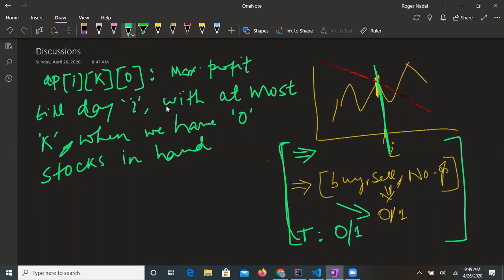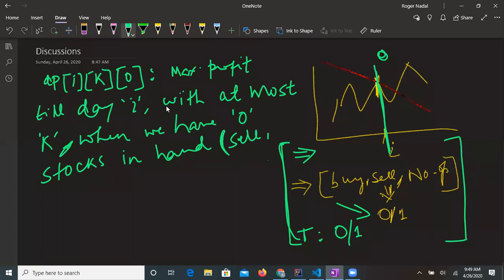And when can you have that? On this particular day, how can you have 0 stocks in hand? It means you sold. You sold it on the previous day sometime. So today you just sold.